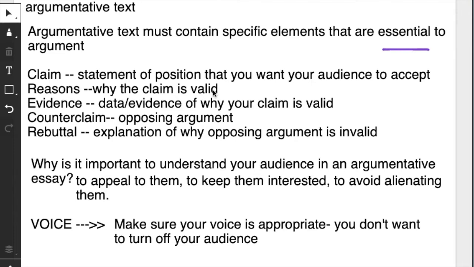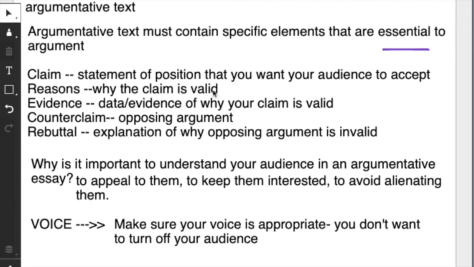You want to make sure that your stance is definitive and that it's very clear to your reader where you stand on the topic. Second, you need to have some reasons why the claim is valid. Your reader's not going to change his or her mind to come over to your side of the belief fence if you don't have reasons that are valid. If you just say, well, you should believe this way because I do, not a good enough reason.